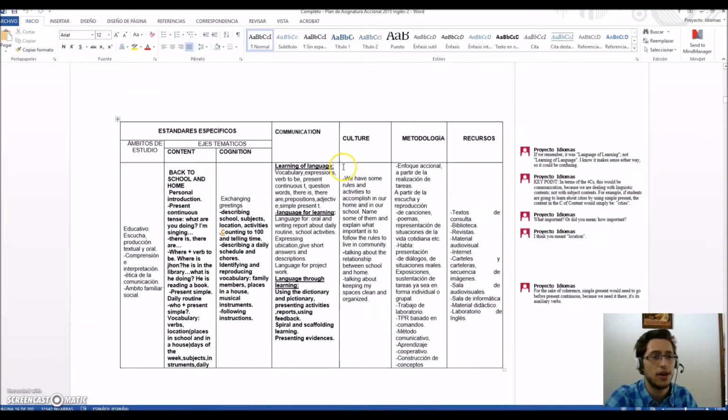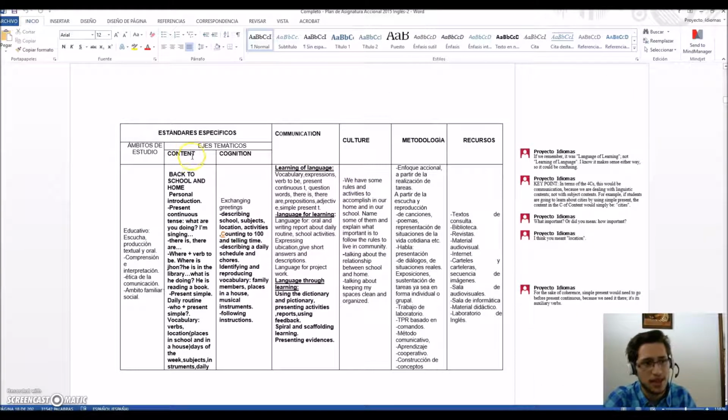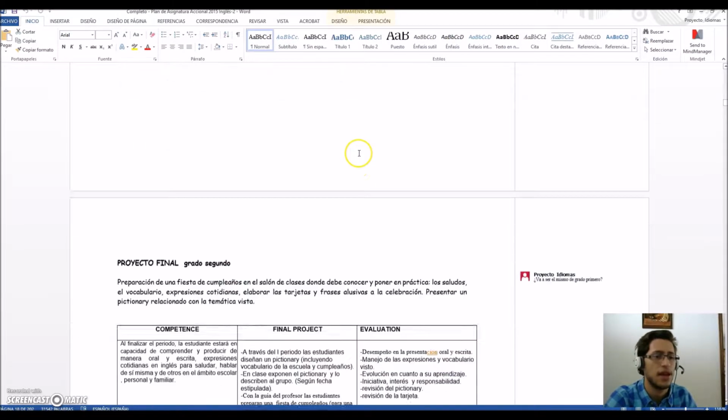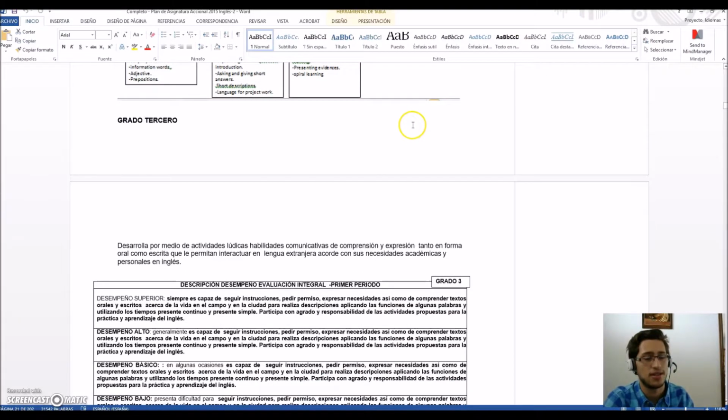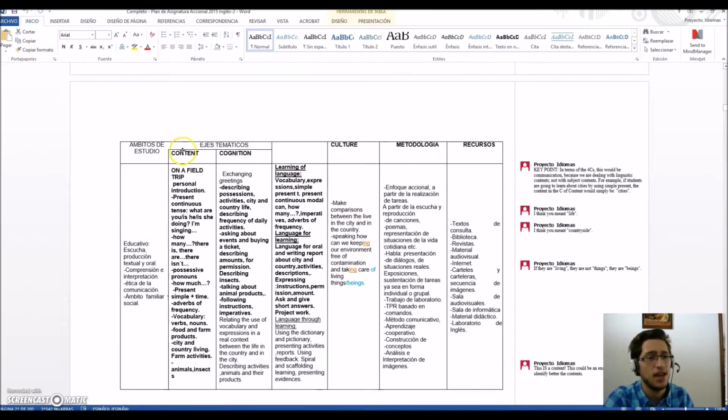So if we scroll down, we see that the 4Cs are there, and also the map. We already saw first grade, second grade, this is third grade, and as you can see, the 4Cs are there. I'm actually going to highlight them so that you see them.